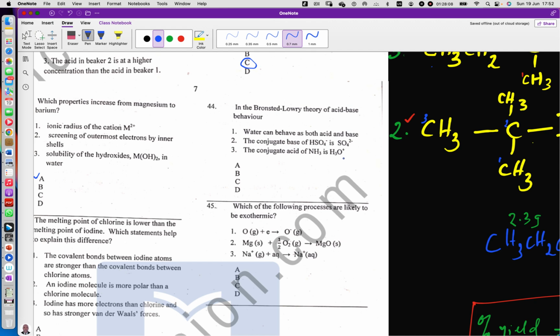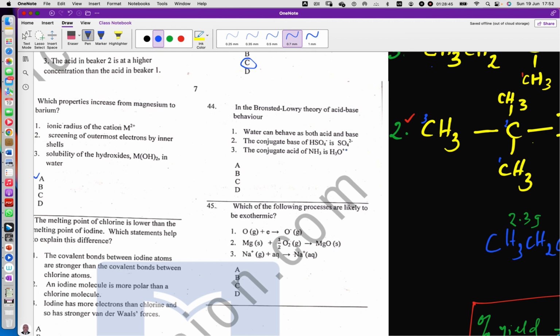So the conjugate base is the substance left after the acid has given away its proton. If this HSO4 gives away its proton, the substance that will be left is this one. So the conjugate base of this substance, if it gives away its proton, is what will be formed.